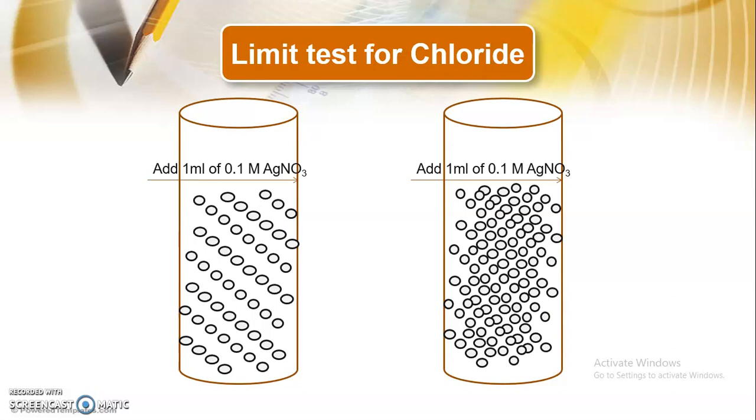Sometimes we need to maintain the pH of the solution, which is done using different buffer solutions, and this depends on the individual compound and the monographs prescribed by the pharmacopoeias.